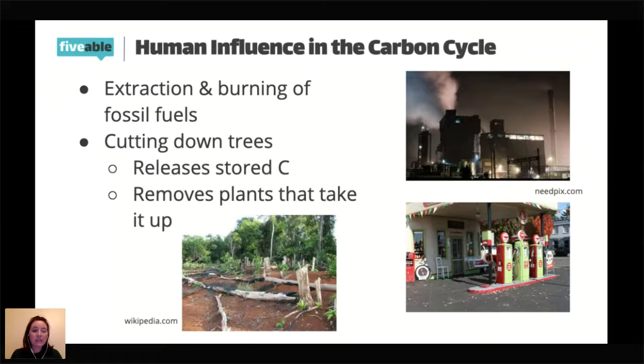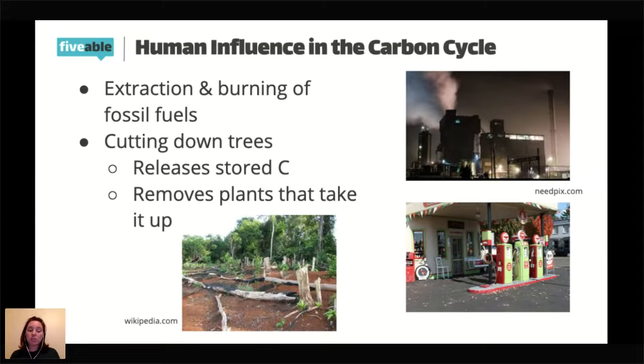And methane is about 30 times more powerful at warming than carbon dioxide is. So we always talk about carbon dioxide in the atmosphere and how it's contributing to the greenhouse effect, which I'll touch on in a minute. But methane is a much stronger warming gas than carbon dioxide is.